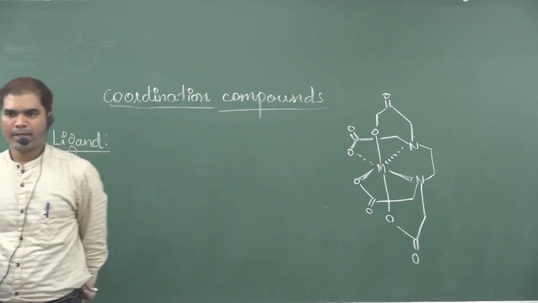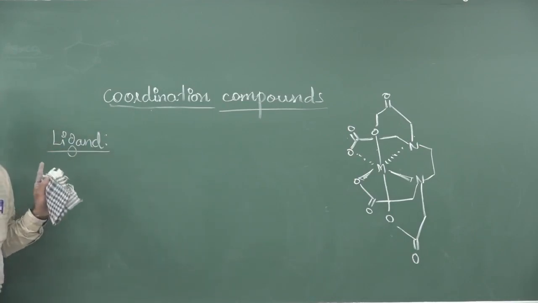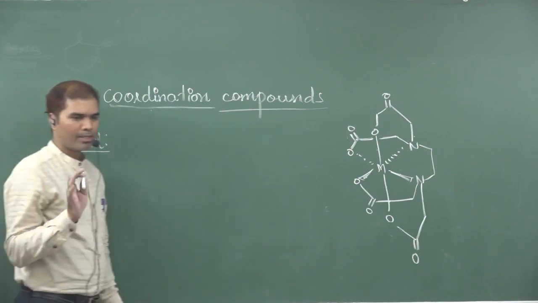What is a ligand? A ligand is any atom or a group which has the capacity to bind with the metal. As simple as that. Okay, write down the definition.